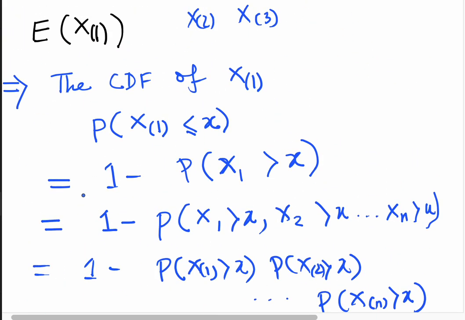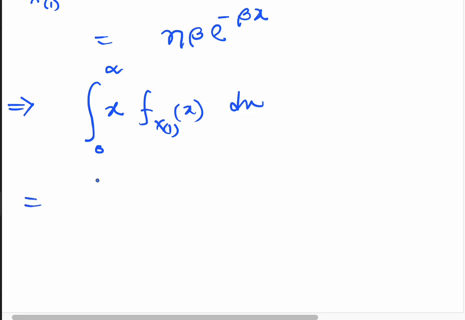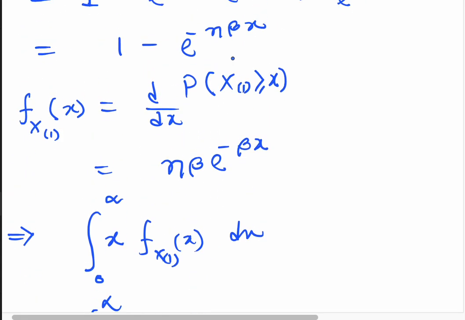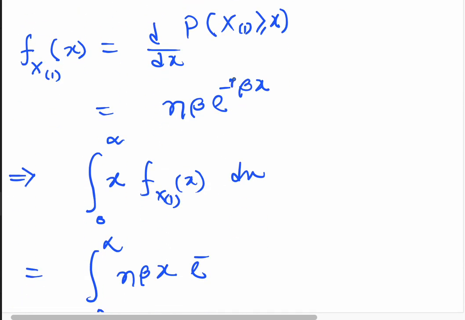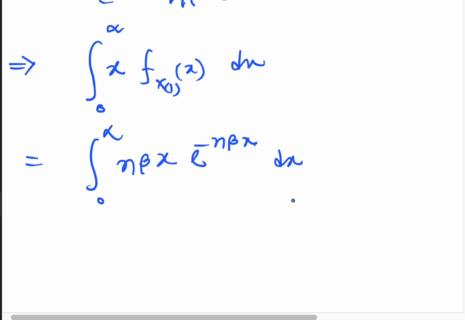Now we have to find the expectation value. The expectation is the integral from 0 to infinity of x f x1 of x dx. So that is the integral from 0 to infinity of n beta x e to the power minus n beta x dx.